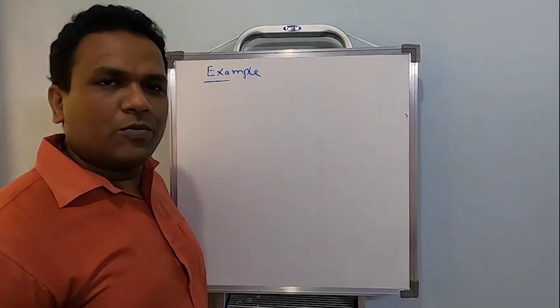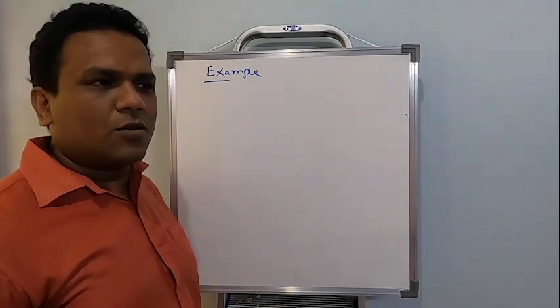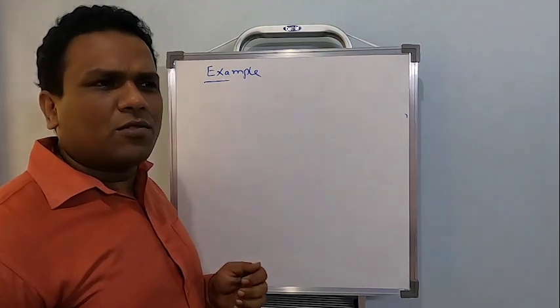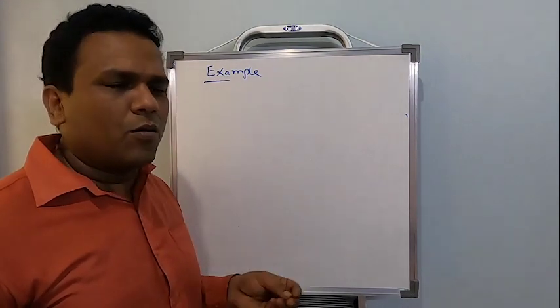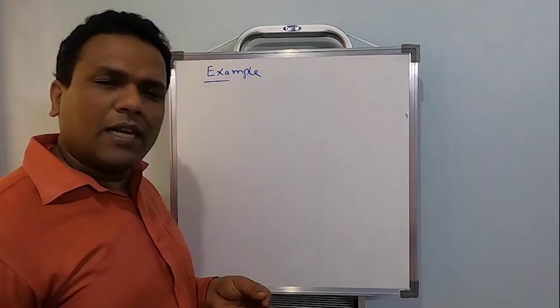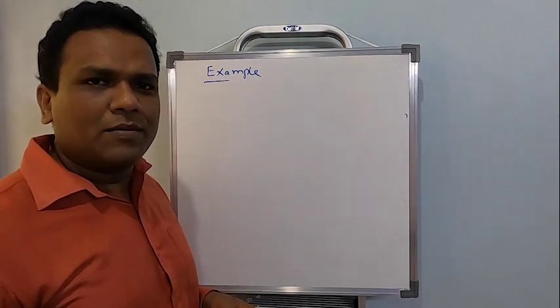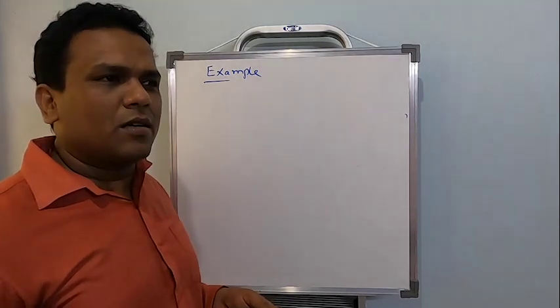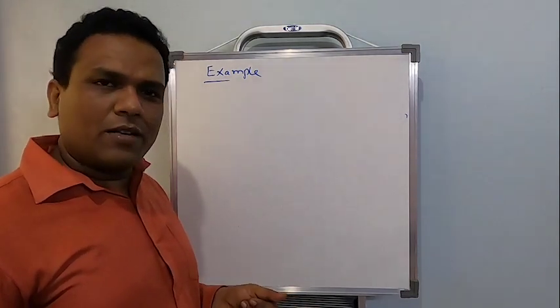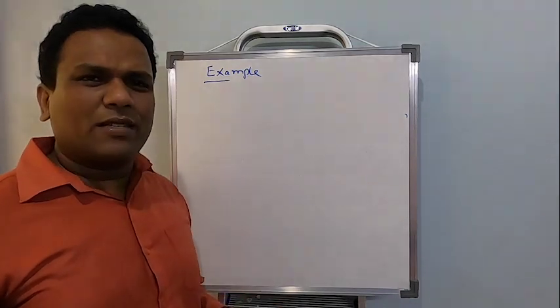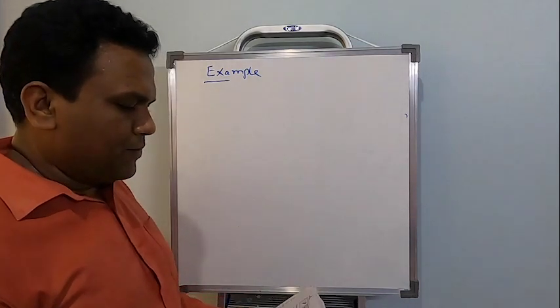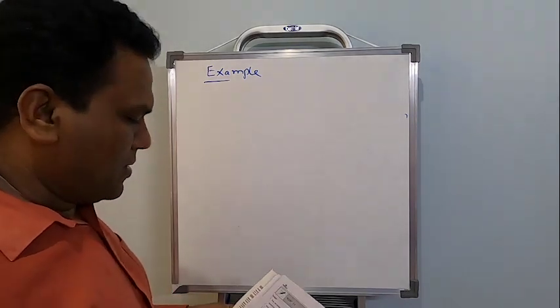If the problems are too similar, I will just say you can give it a try. Otherwise, whenever I feel the problems are not so important from the board point of view, then I will say just leave that problem and move on. When I say move on and leave some problem, it doesn't mean those problems are not important for us. That's not required for the board exams. That's all. Clear? Fine. Now let's move to examples.